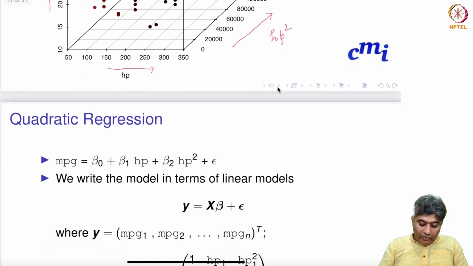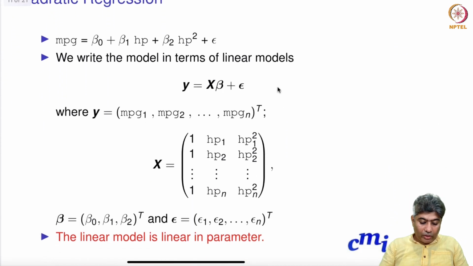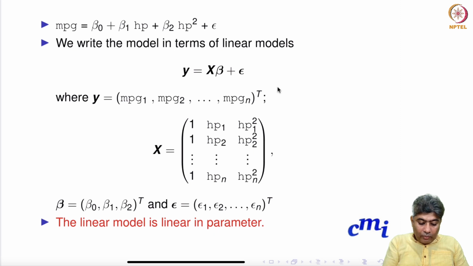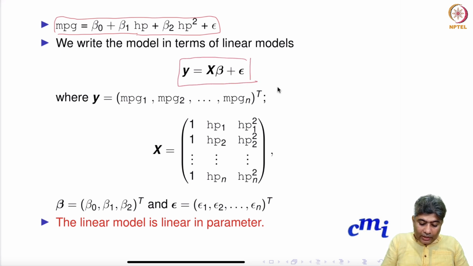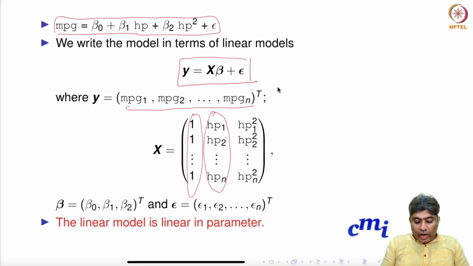Now, how can we model it? This is our model. We can write it as y equals X beta plus epsilon. My y is exactly the same. The first column is the intercept, the second is the horsepower, and the third is a new column called horsepower square.